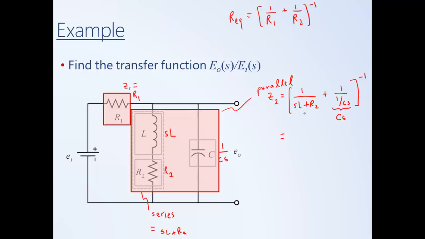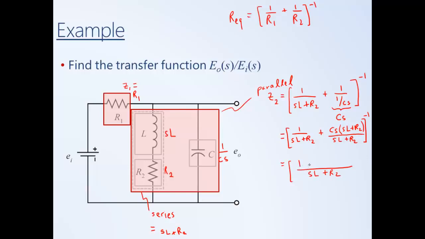In order to combine these two inner elements, they need to have a common denominator. So we need them both to have a denominator of sL plus R2. In order to achieve that, we need to multiply Cs by sL plus R2 and divide it by sL plus R2. Once they have a common denominator, then we can just add the numerators. So the denominator is sL plus R2.